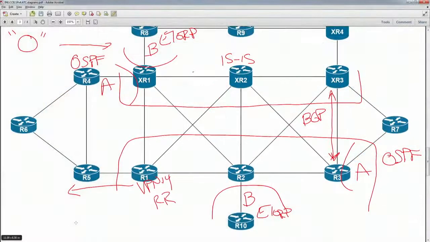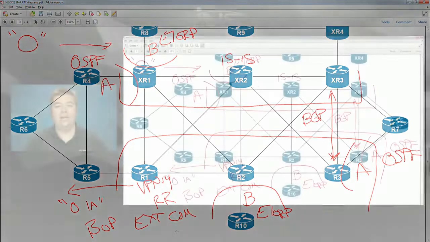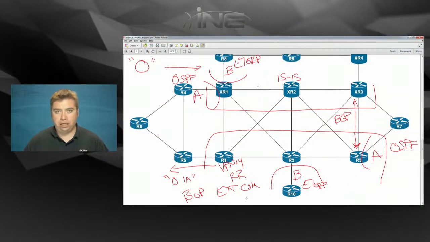But as we saw, when we have different types of PE to CE routing protocols, the information that is normally encoded as a BGP extended community would get stripped if we have OSPF on one side and EIGRP on the other side. And this is, in terms of path selection and loop prevention, one of the big considerations for inter-AS option A. If we're going to be running BGP now between router 3 and router 13, we're going to lose the encoding of the VPNv4 attributes, and we could potentially cause a loop when we're going into OSPF or when we're going into EIGRP.